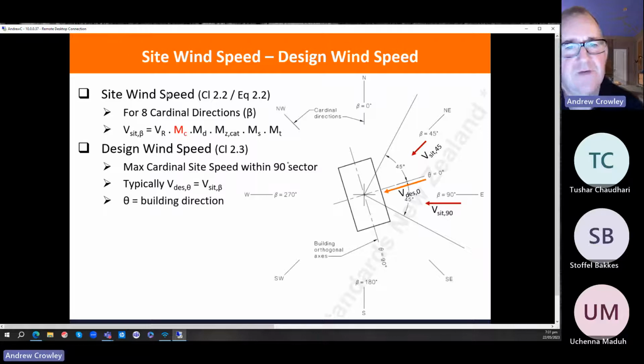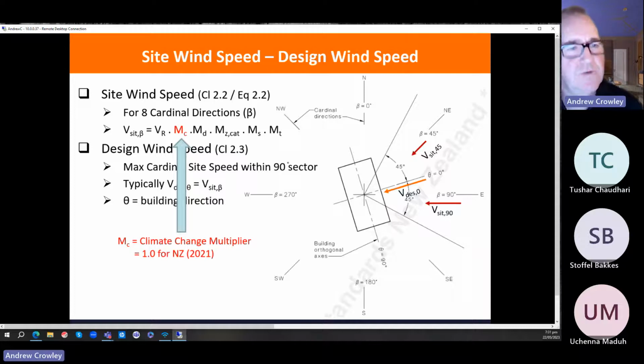So here, for example, we're looking at a rectangular building. You're looking at the wind perpendicular to one of the surfaces. So in a 90-degree spread, you're looking at V site at 45 degrees northeast and V site at 90 degrees, that's the east. So you take the worst case of that or that, and that becomes your VDES.